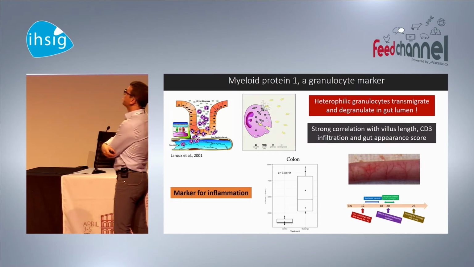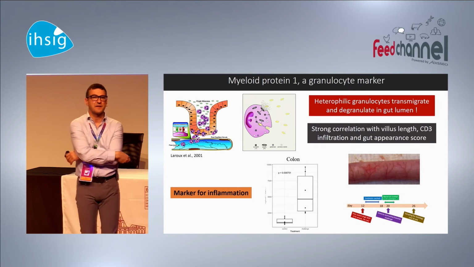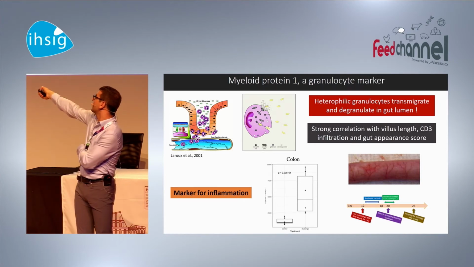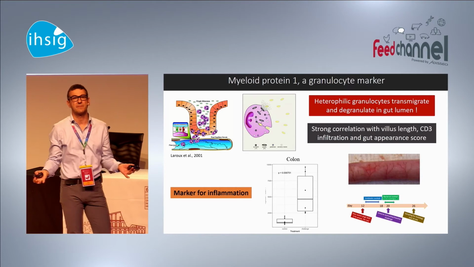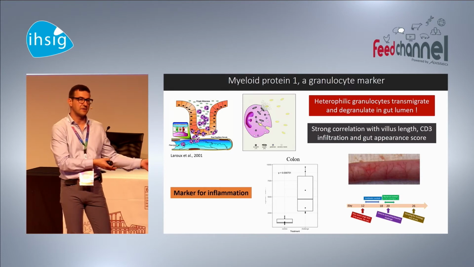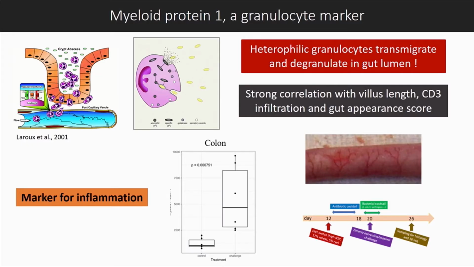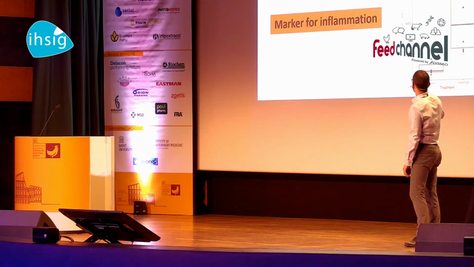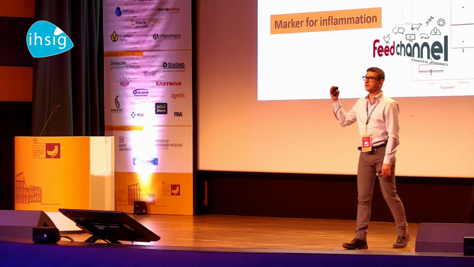This is myeloid protein 1, and this is in fact found in chicken granulocytes. It's exactly the same type of molecule as calprotectin in humans, but this is a protein that you find in granules of heterophilic granulocytes, so the chicken counterpart of the human neutrophil, and you find that increased in colonic content of animals under challenged conditions, highly increased.